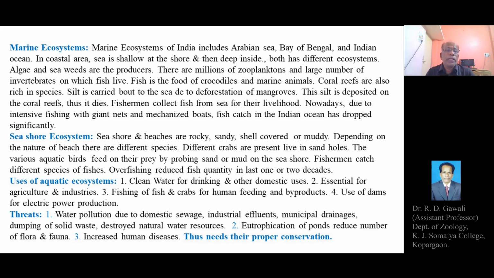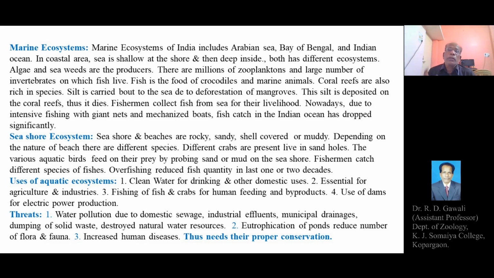Then we'll explain a little bit regarding the threats to the aquatic ecosystems, meaning what types of threats can be found with respect to the aquatic ecosystems. So the first and important threat to the aquatic ecosystem is water pollution.